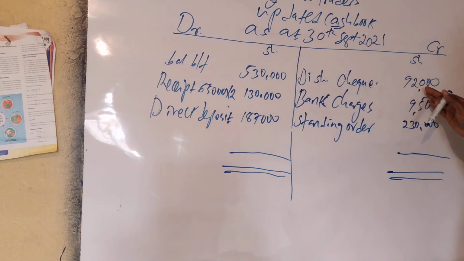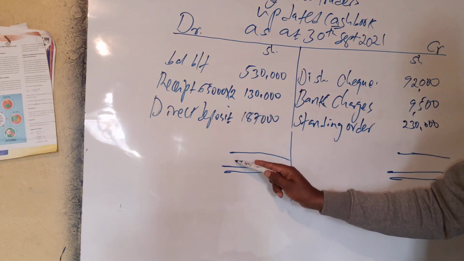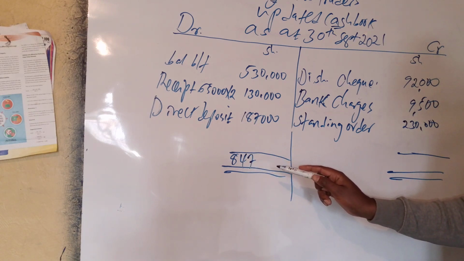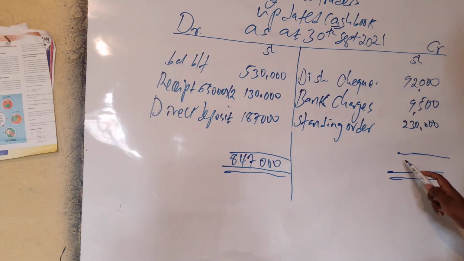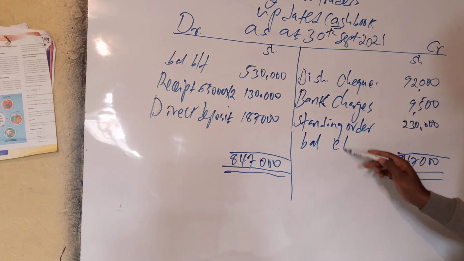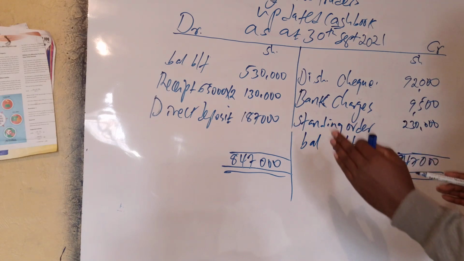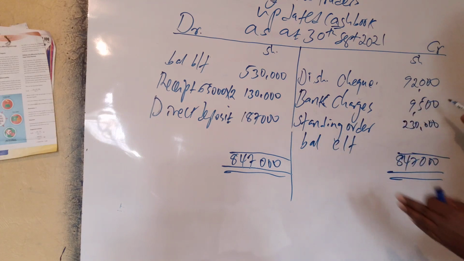Whereas on this side, it is 3,500, meaning this side is small. So the side with the large amount gives us the total, 847,000. Even here we record 847,000. Then the difference is known as balance carried forward. It is the balancing figure, the difference between the debit and credit side, between the larger amount and the lesser amount.